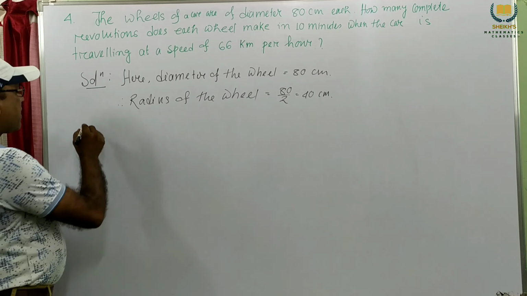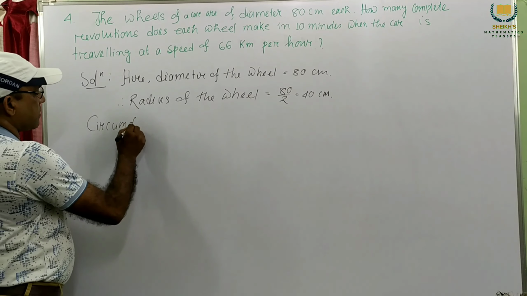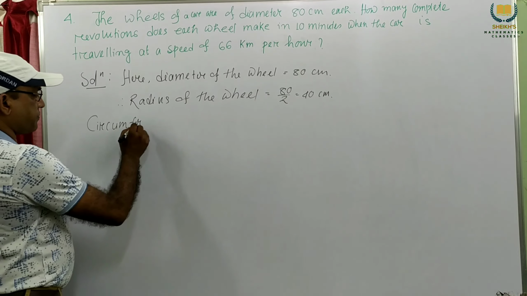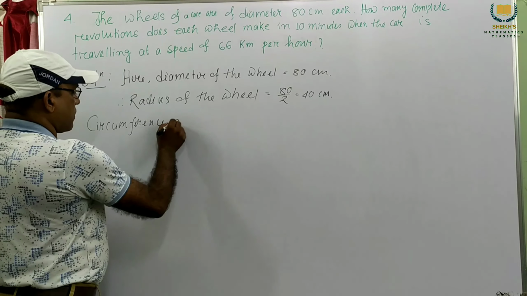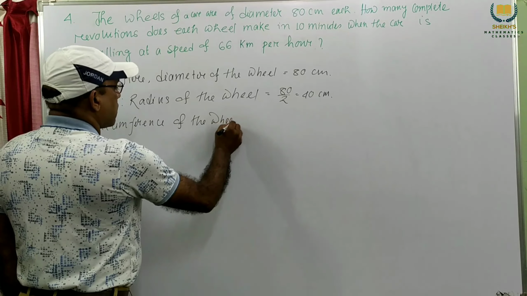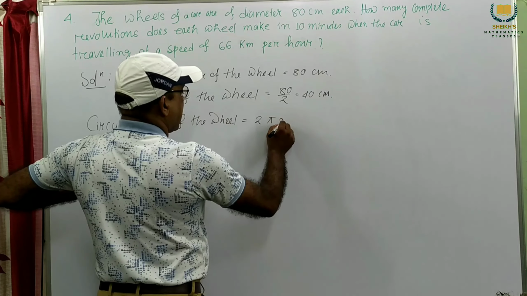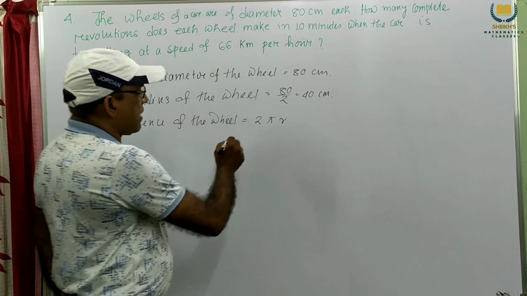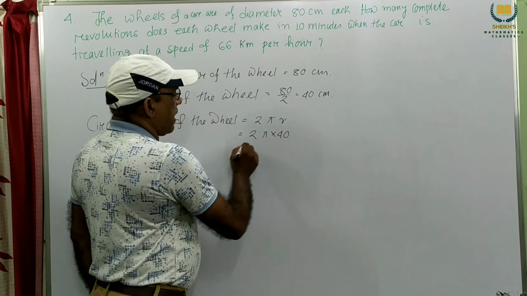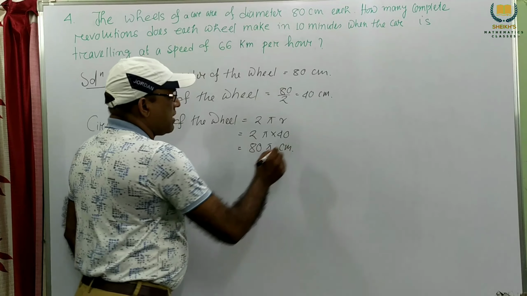Now circumference of the wheel equal to twice pi r. This is 2 pi r, means 2 into 40, and this will be 80 pi centimeter.